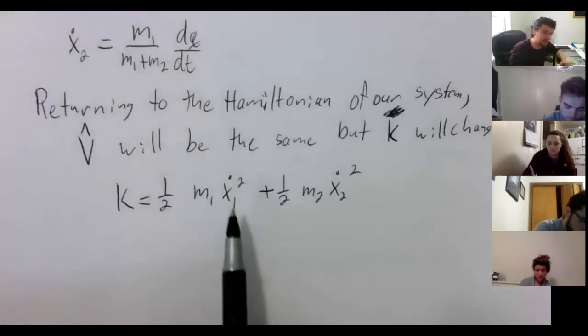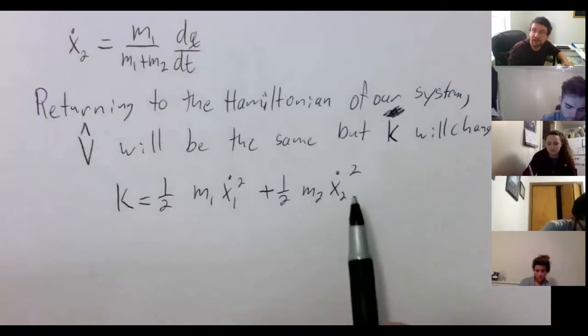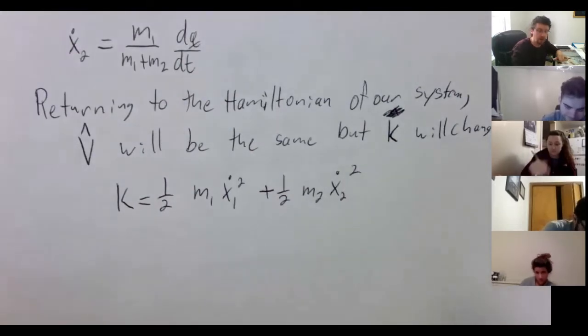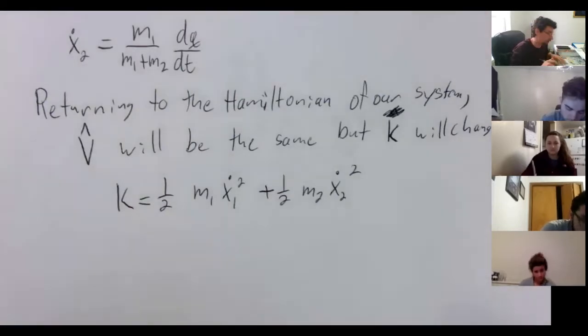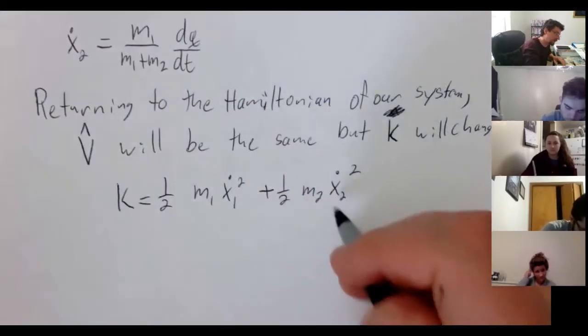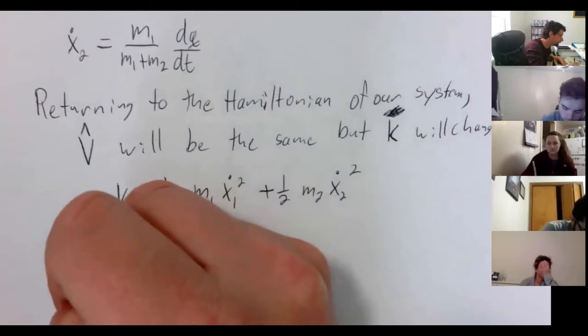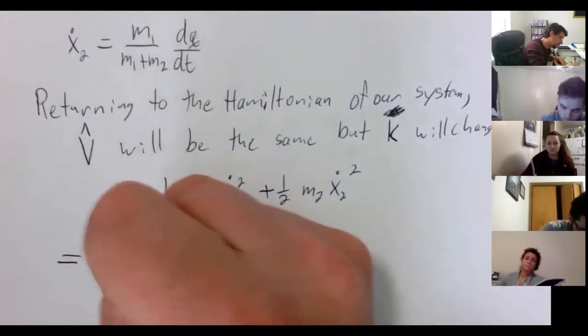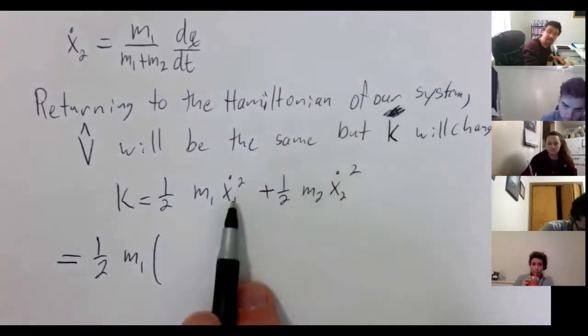Okay, and now we have expressions for both of these. I hate this dot. So let's sub in what we have, and let's try to simplify this expression. So we have an expression for that one and an expression for that one. So we get 1/2 m sub 1. What's this going to become?